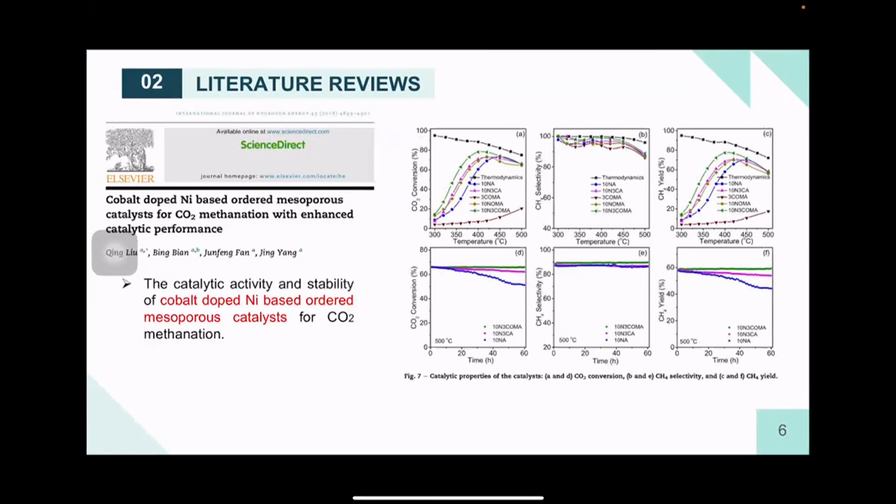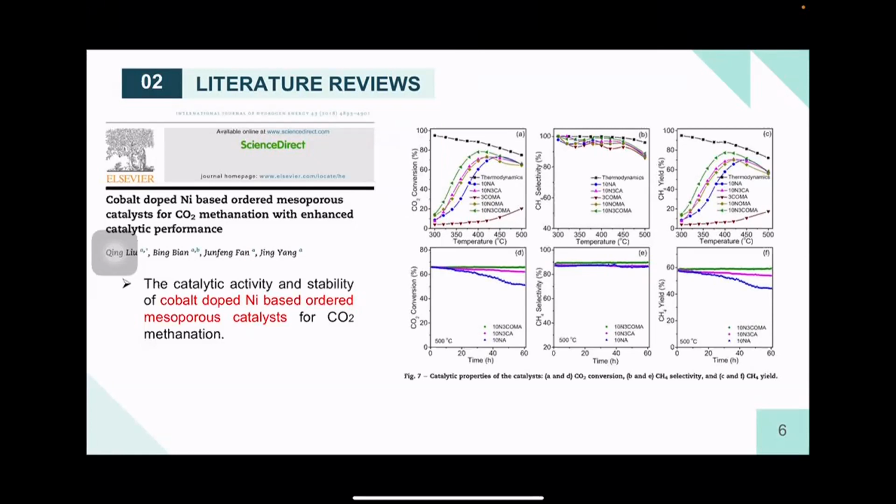The ordered mesoporous 10Ni3Co/MA, with addition of 10% weight of nickel oxide and 3% weight of cobalt oxide, shows high activity, high stability and superior anti-sintering property during a 60-hour lifetime at 500 degrees Celsius.